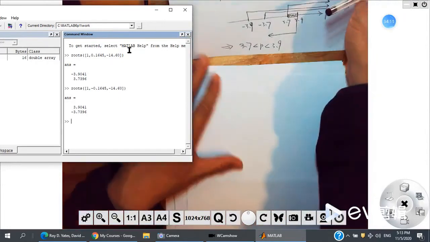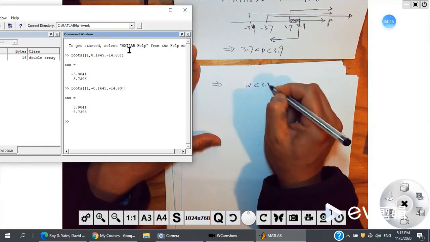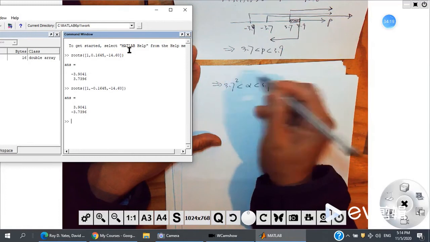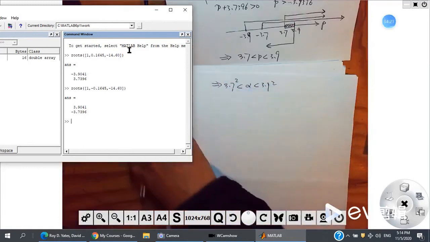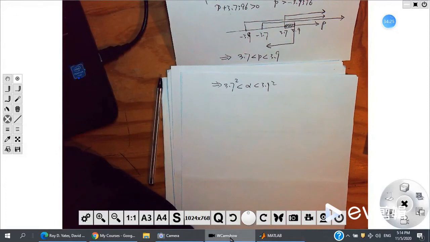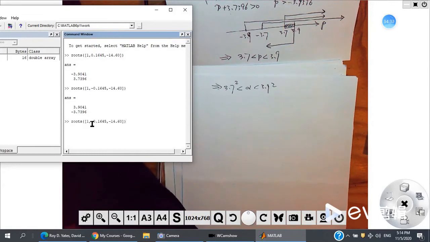We say alpha is smaller than 3.9 square and larger than 3.7 square. So let me put the value in. I just use this one with square. That will be fine, right?